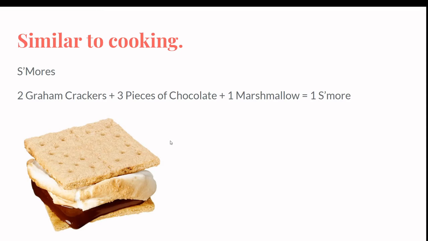Don't get any of that knockoff stuff. You need the Hershey's. And then 1 jumbo-sized marshmallow, and you need to make sure that marshmallow is nice and toasty. You put all of those together, and you'll have 1 s'more. So, 2 graham crackers, 3 pieces of chocolate, and 1 marshmallow makes 1 s'more, okay?